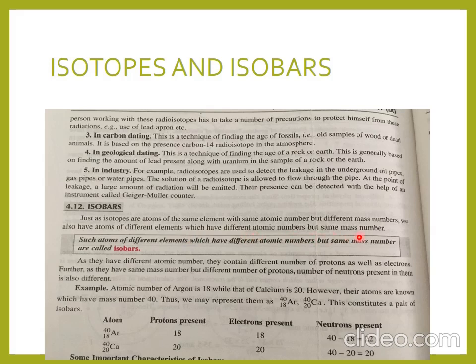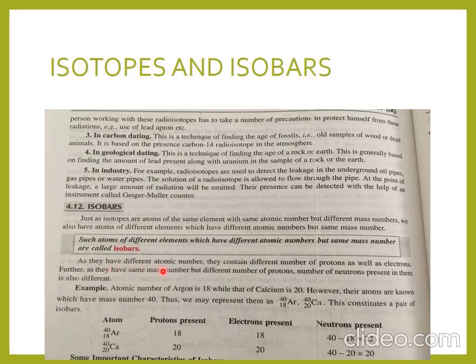The upper left one, the mass number, is the same. Such atoms of different elements, where the atomic number is different but the mass number is the same, are called isobars.